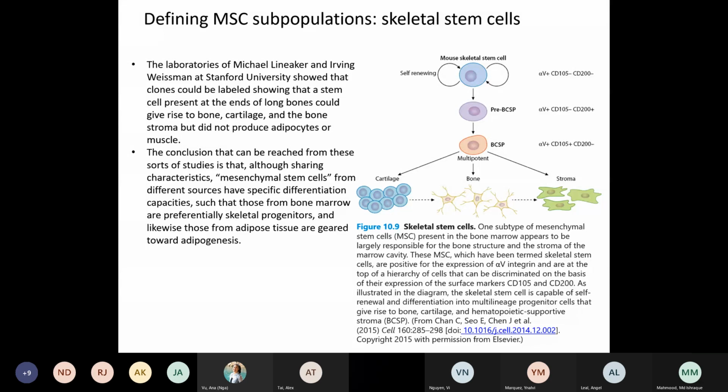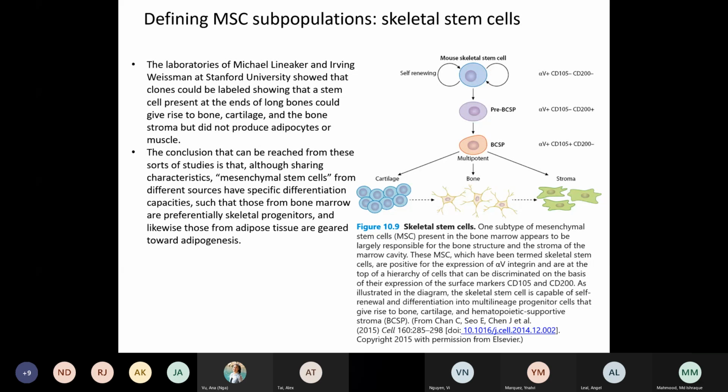I don't know whether these are mesenchymal stem cells. I mean, the stroma cells are just the cells present in the marrow that play a supportive role. So here, the strange thing, maybe you have noticed, these cells are multipotent. They can give rise to cartilage, bone, and stroma, but you don't see fat, right?